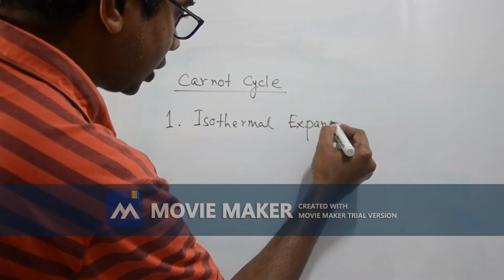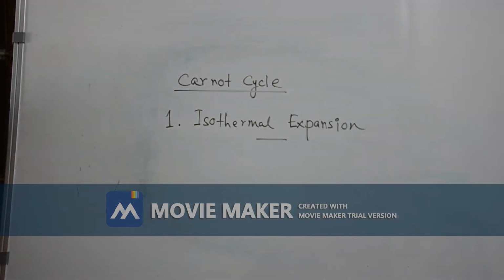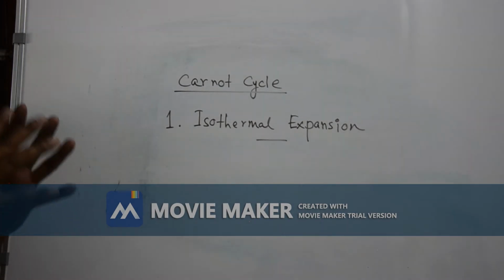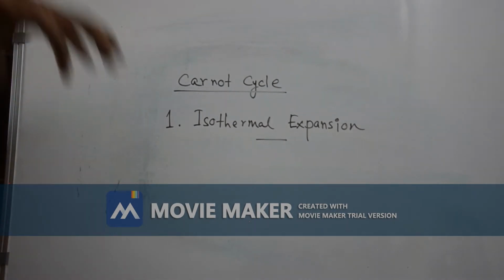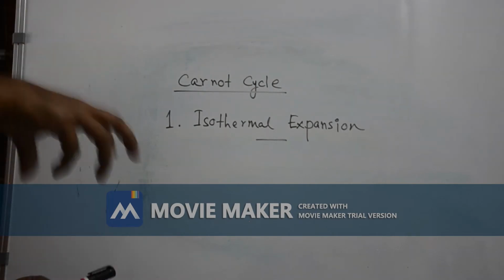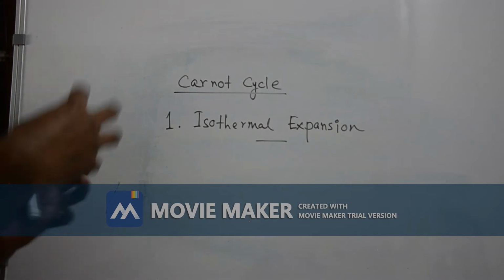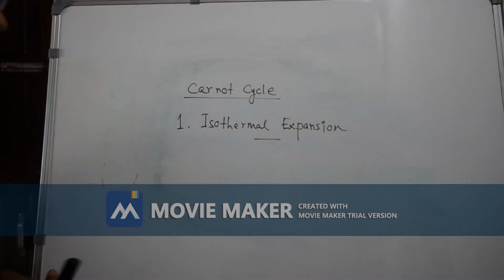I'll take the example of a hydrostatic system, because that's the usual thing. Hydrostatic system means an ideal gas confined inside a cylinder with a movable piston, and we'll assume that no friction comes into play when the piston is moving in or being taken out.